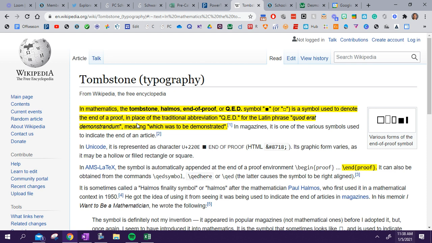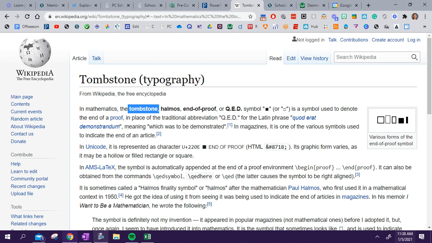One way to end a proof is a tombstone. A tombstone is this little guy right here. See these boxes? It could be that square or this rectangle or that colored in square. That is an ending mark. It is to show that, hey, I was trying to show that both these things are equal and I just did it. Here is the tombstone that says basically, boom, I killed that problem. I win. You need to have something at the end.